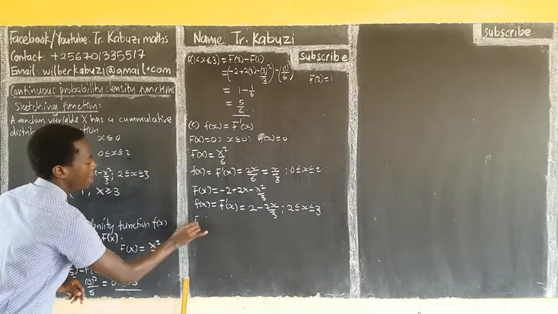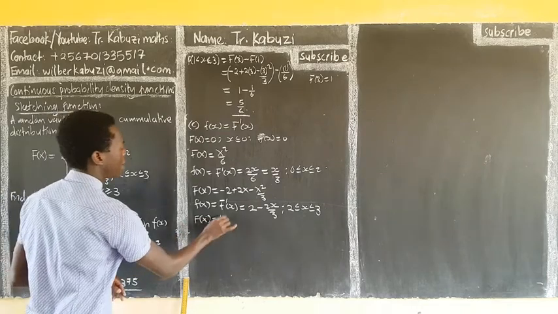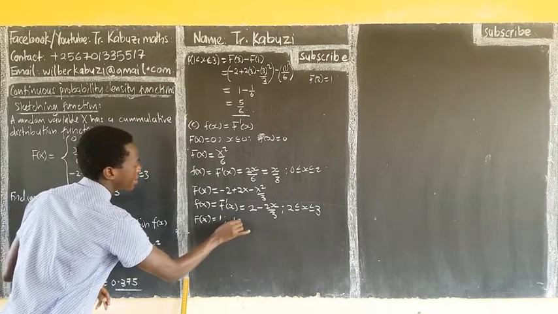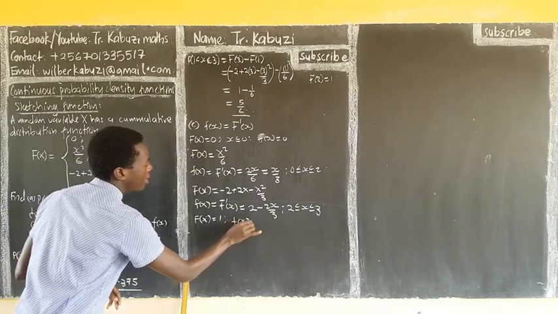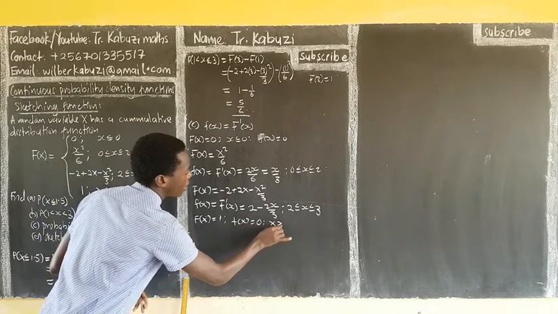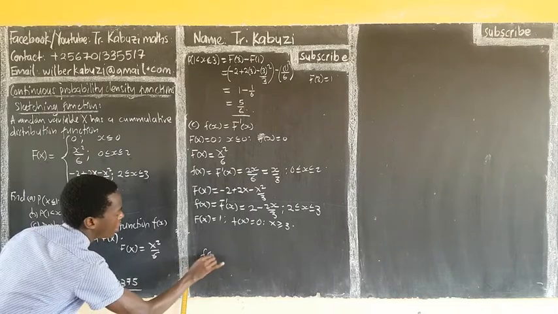Then when my capital F of x is equal to 1, our small f of x we shall get as 0, for x greater or equal to 3. Now from there, come and write your PDF.